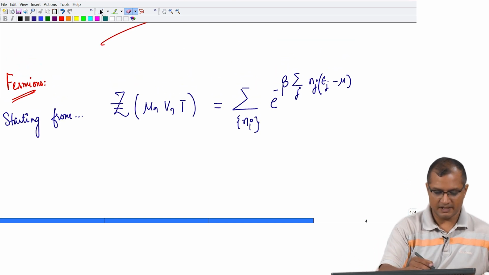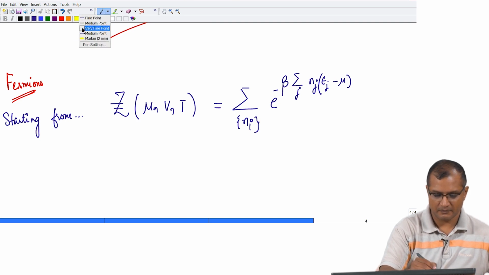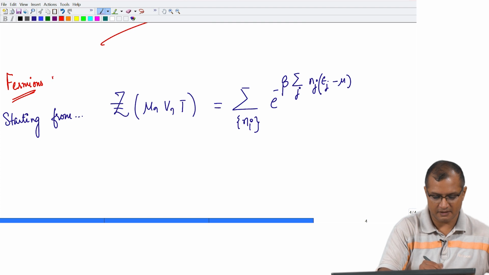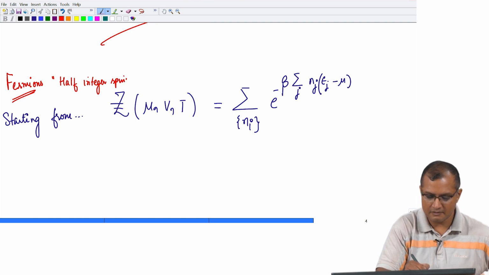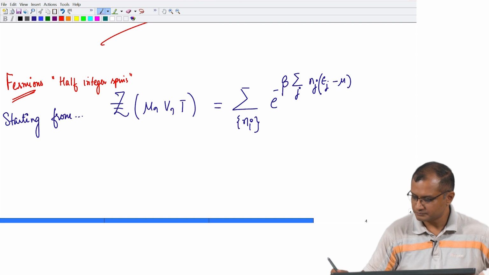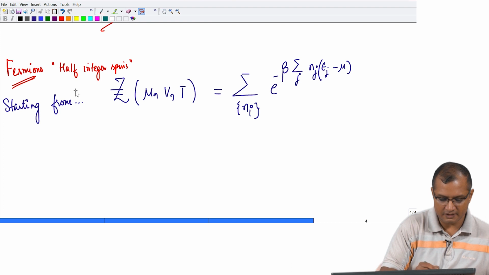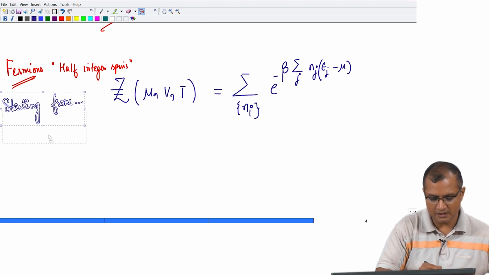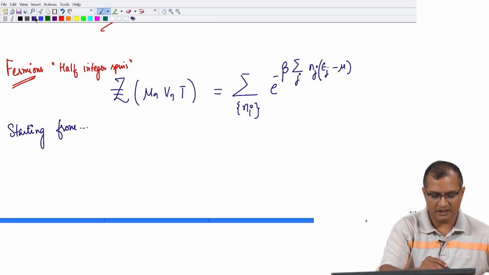So, basically these are particles with half integer spins. In the vein of previous discussion, the spins are half integer, and I am going to say that these are particles whose system has a wave function that is antisymmetric in nature.